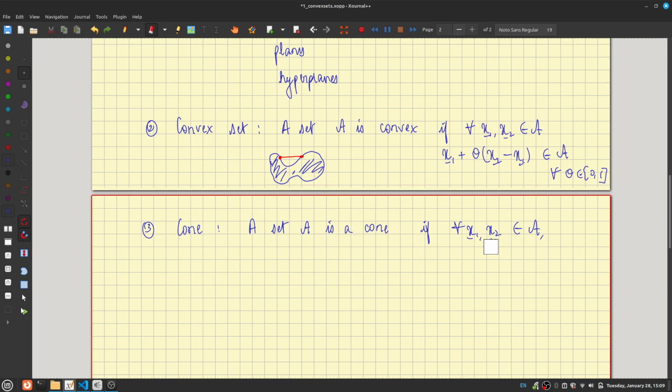I'll first begin by defining just a cone passing through the origin. So for all x in A, theta x also lies in A for all theta greater than or equal to 0. So you take any point within this set, then the ray that starts from the origin and passes through this particular point should lie within the set.